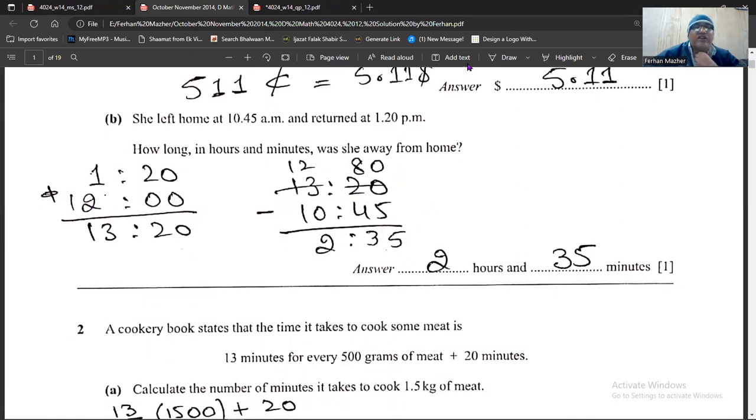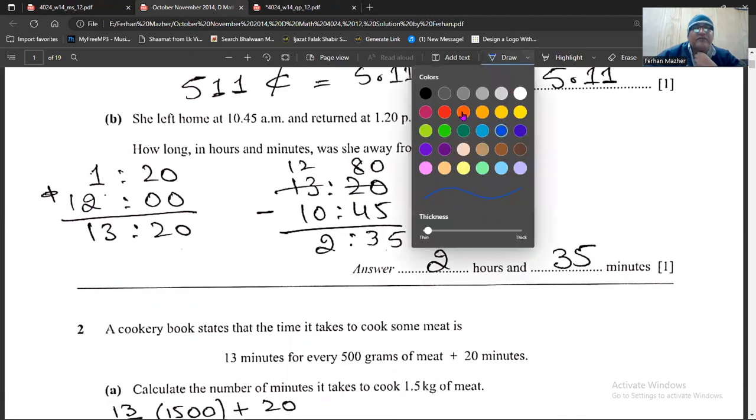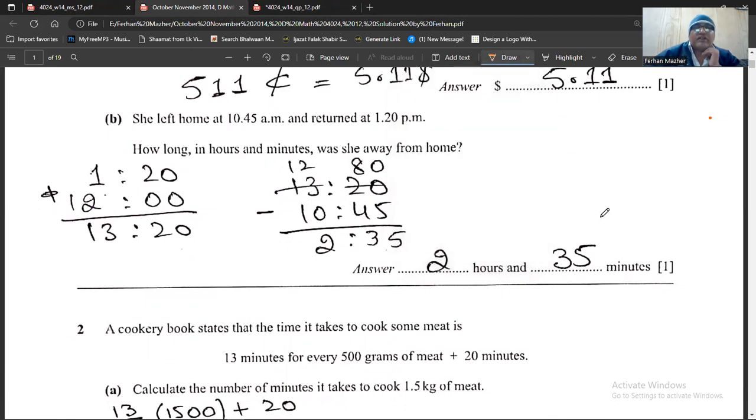So from 1320 I will subtract 1045. From 20 I cannot subtract 45, so from the hours I will borrow 1 hour, and when it comes here it becomes 60 minutes.